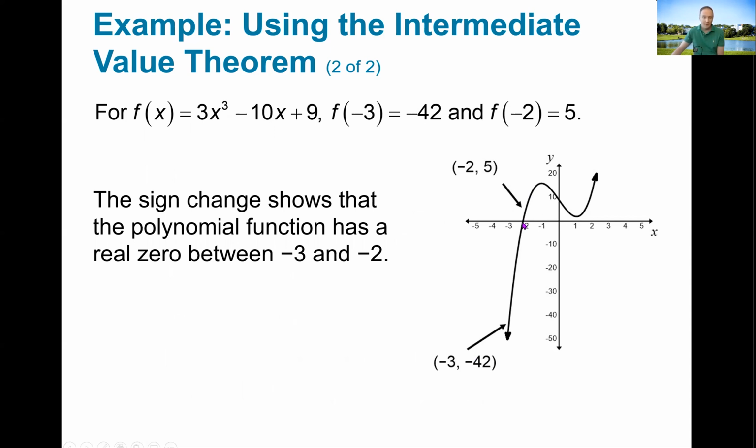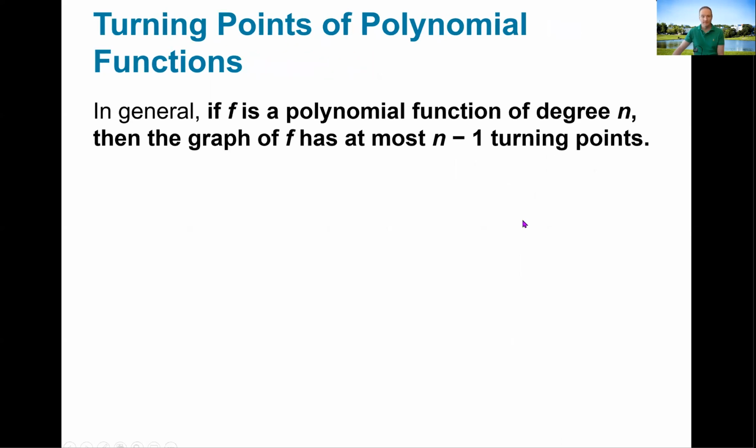I didn't actually label the x-intercept to show you where that 0 is, just because that's not the point of the intermediate value theorem. It's just stating that this has to be the case. You can't go from a negative to a positive without, for some x value in between, having a y value equal to 0. Thus, the intermediate value theorem. And we'll have a few homework problems to follow up on that.